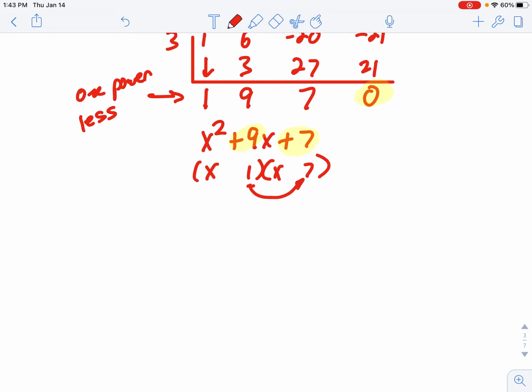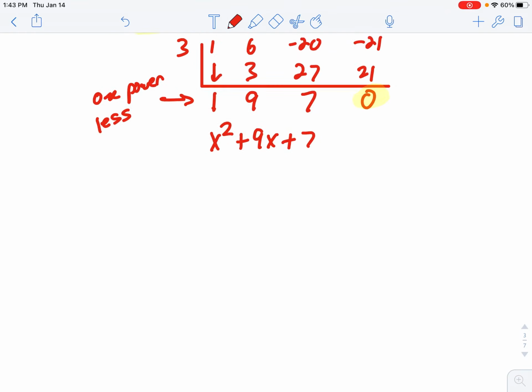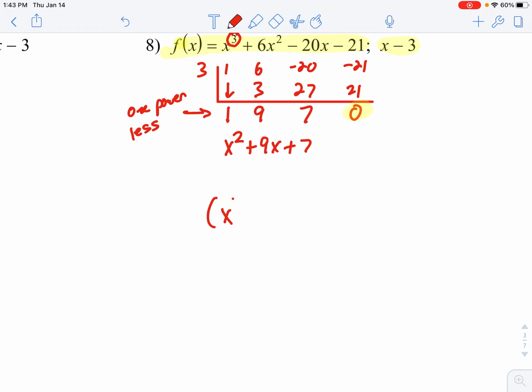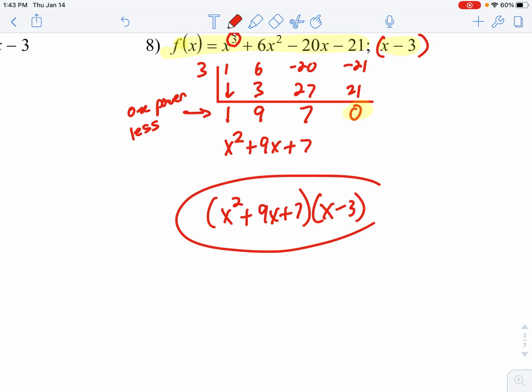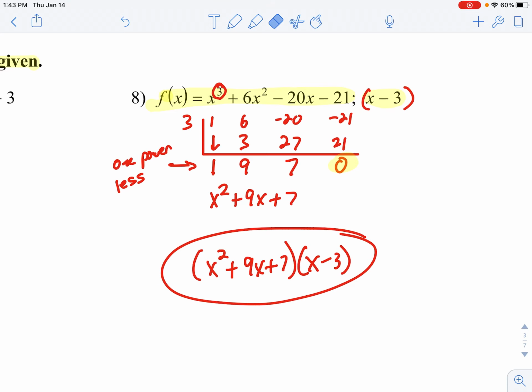And 1 and 7 do not add up to 9, which means that you cannot factor this any further. So the fact that that cannot be factored means that your final answer is this, x squared plus 9x plus 7, times the factor that was given, x minus 3. So this is in factored form.